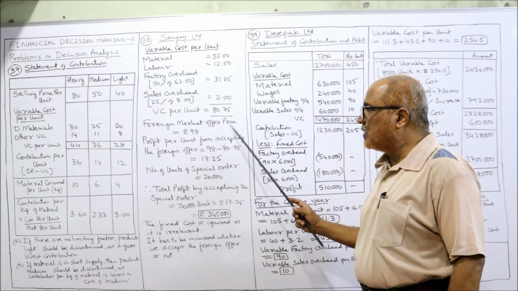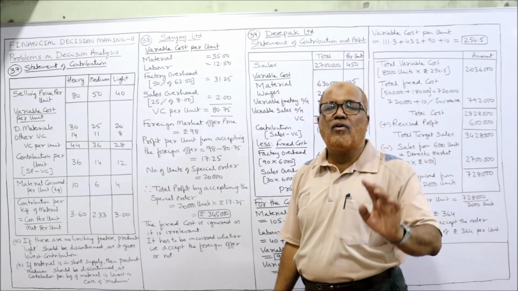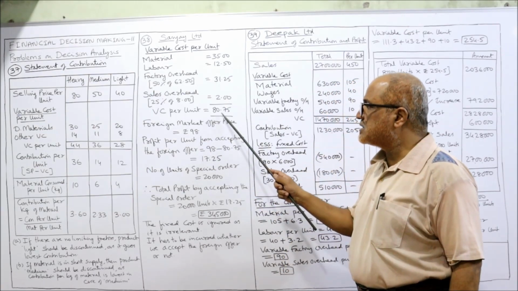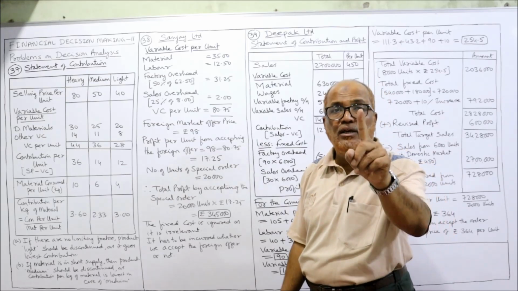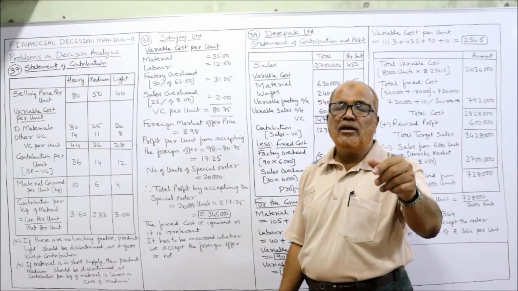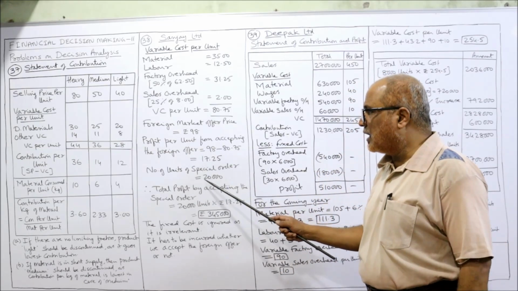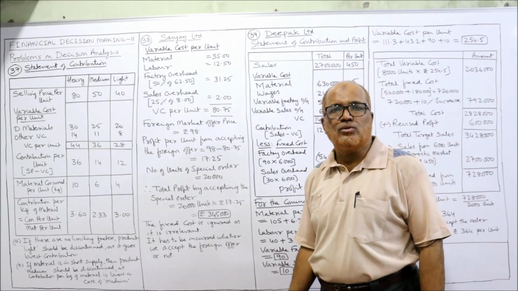So what is the profit per unit from accepting the foreign offer? If we accept the foreign offer, how much profit are we getting? 98 minus 80.75, 17 rupees 25 paisa profit per unit we are going to get. And how many units do we have to sell to the foreign customer? 20,000. So 20,000 into 17.25, 3,45,000.